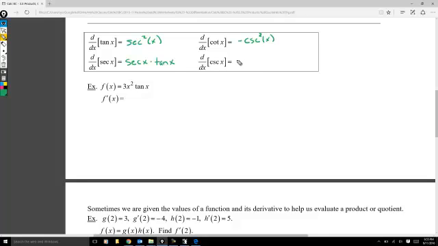And the derivative of cosecant is negative cosecant cotangent. So you see there's a pattern here. Tangent goes with secant, cotangent goes with cosecant. We will prove some of these in class, but for now, those are just things that you're expected to know. That's a memorization thing.